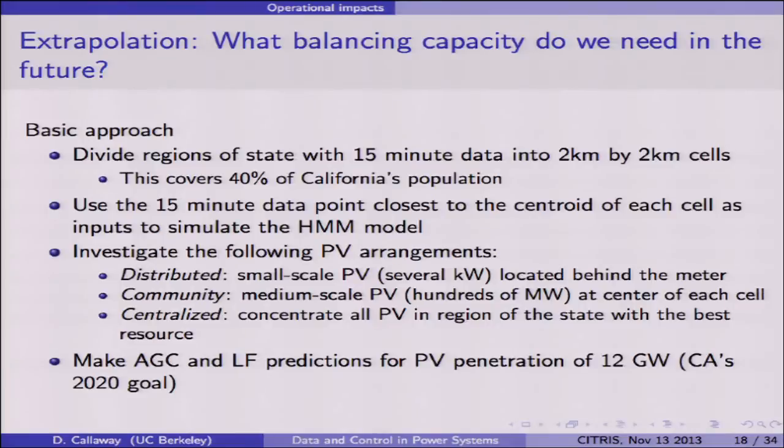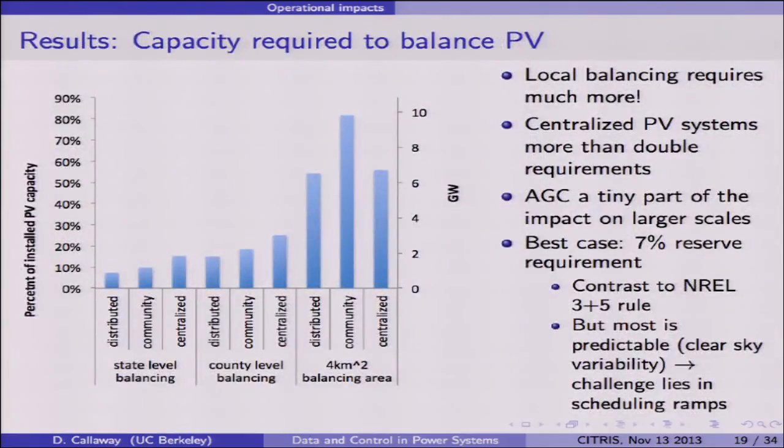And so one of the things that's fun that we can do with this model is quantify the penalty to go from a highly distributed scenario to a highly centralized scenario. In this case, we made predictions for AGC, frequency regulation, and load following, assuming we got to California's 12 gigawatt target.